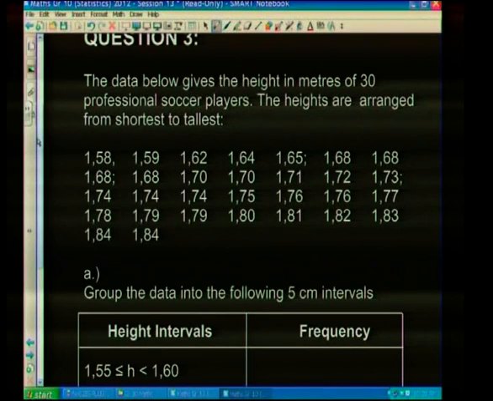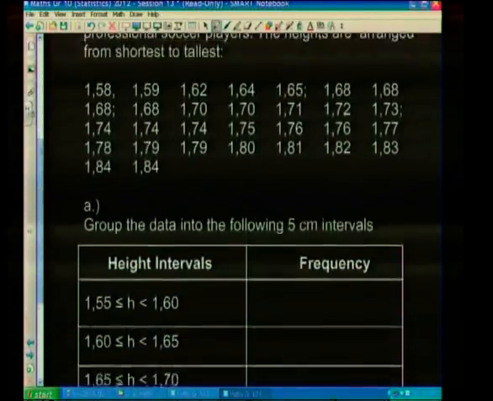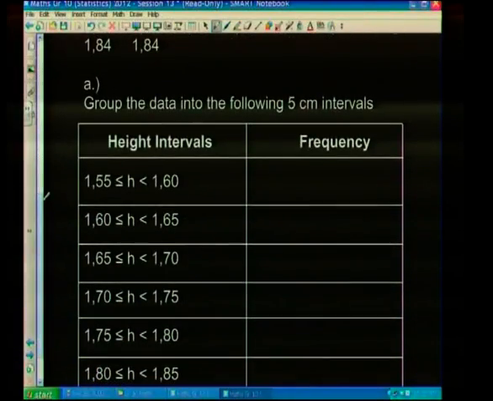The data below gives the height in meters of 30 professional soccer players. The heights are arranged from shortest to tallest. Right. What I'm now going to do is group this data into these different classes: 155 to 160 centimeters, 160 to 165, and so on.